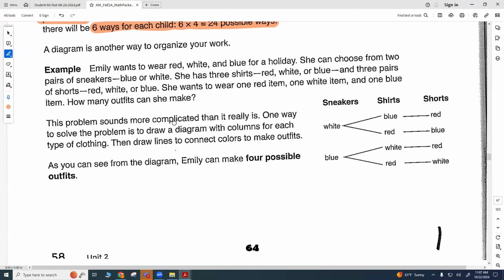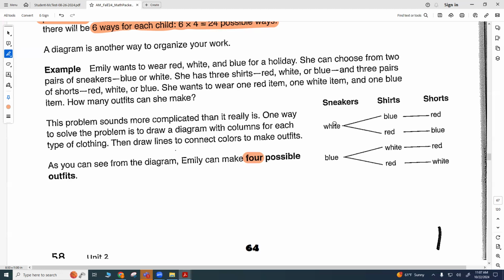Well, I think you guys agree it does sound complicated, but since we have only 2 colors of shoes, we can start by mapping that out. Since all 3 colors have to be in each outfit, the answer is actually 4, Ryan. 1, 2, 3, 4.